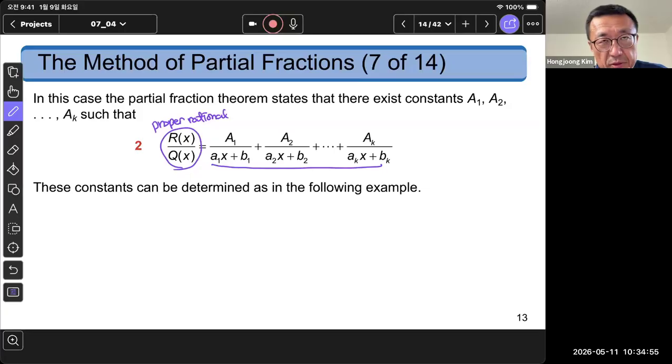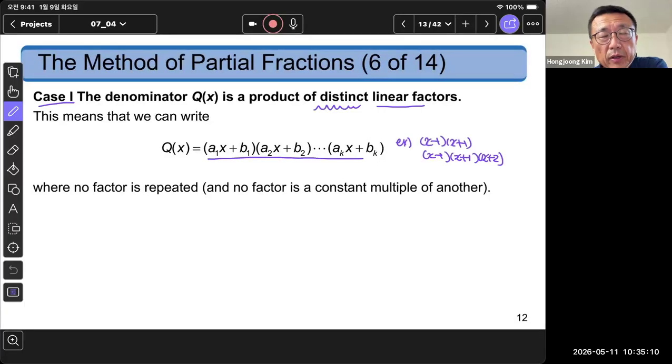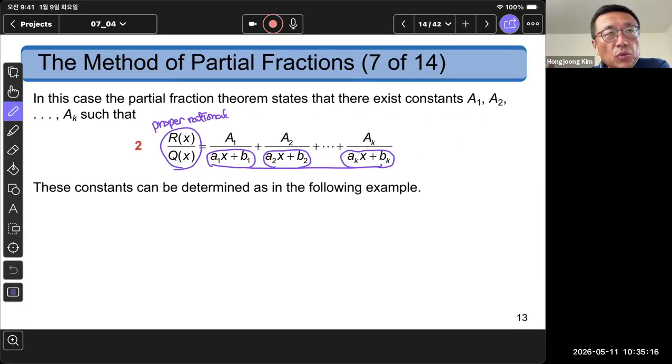Always. The a1x plus b1, a2x plus b2, up to akx plus bk came from the factoring of the denominator. Then what are A1, A2, up to Ak? Those are what you need to find yourself.